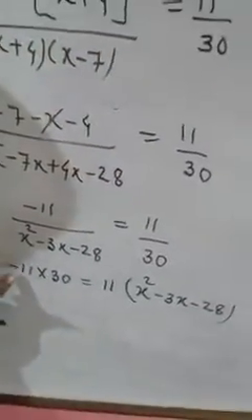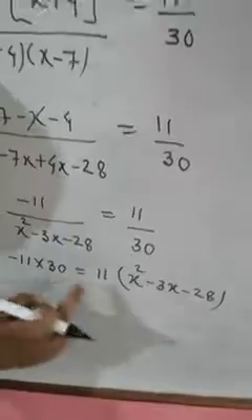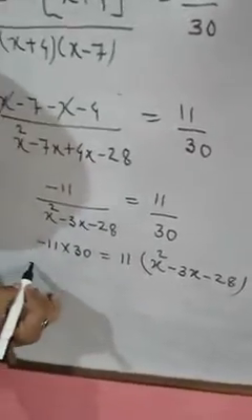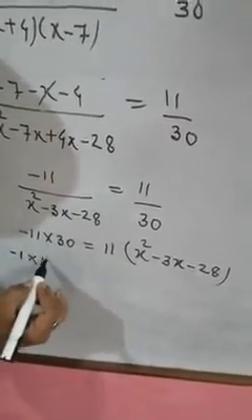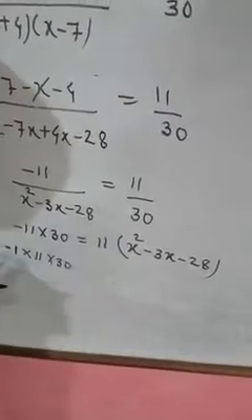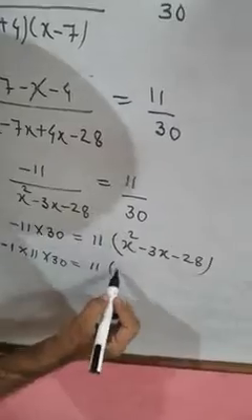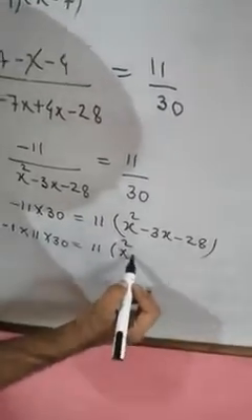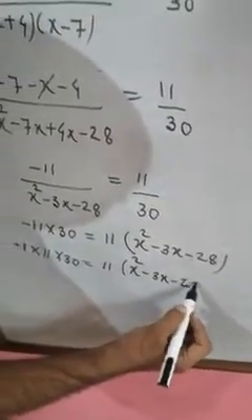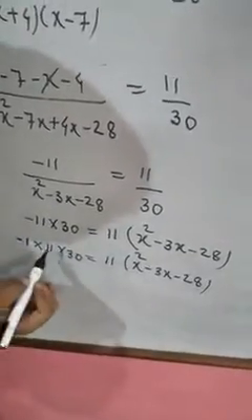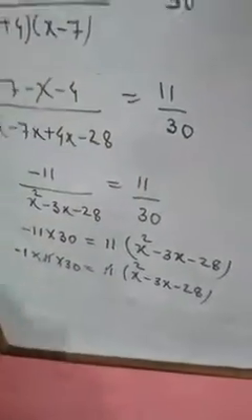Now here we have minus 11, so both numbers we have to multiply with 11, and here I can take minus 1. Then 11 and 11 will be cancelled.